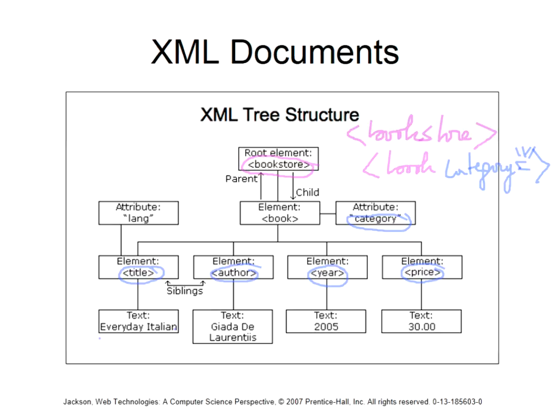After that, how many children does book have? Four. We can find title, author, year, and price. The value of title here is Everyday Italian.